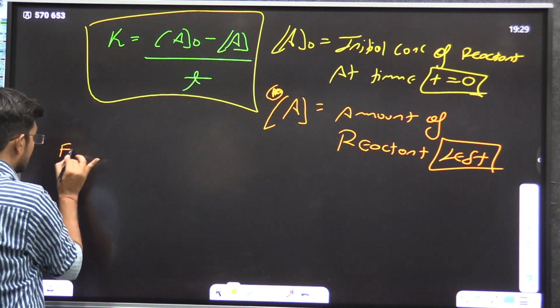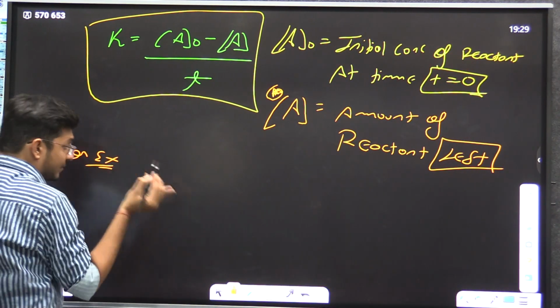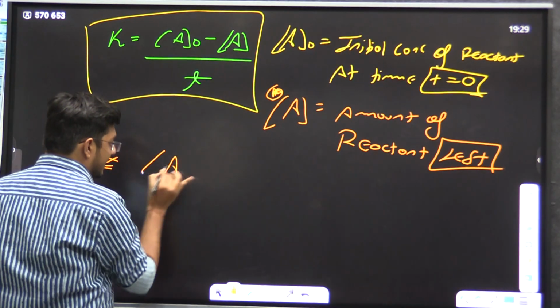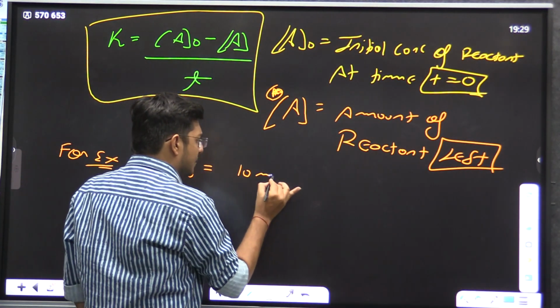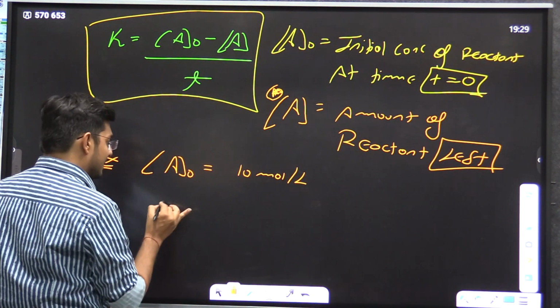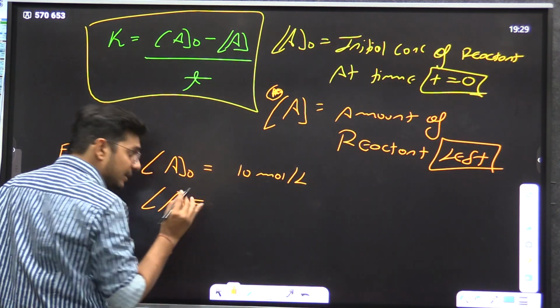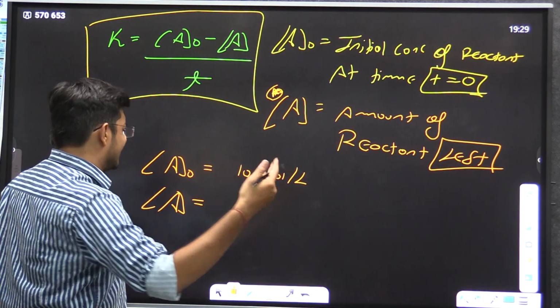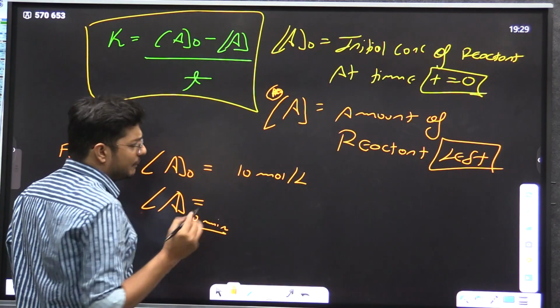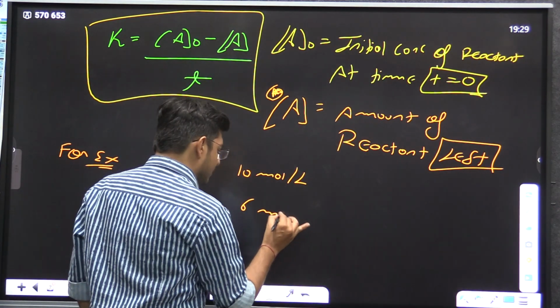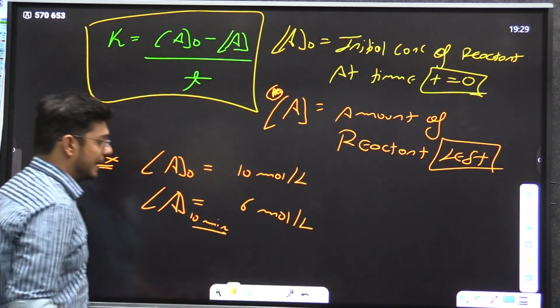For example, let's suppose the initial concentration of reactant is 10 moles per liter, and the concentration left after, let's suppose, a hypothetical 10 minutes, is 6 moles per liter.